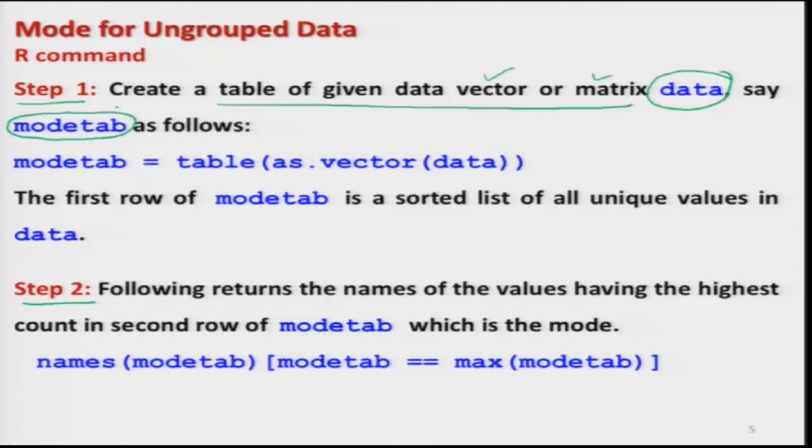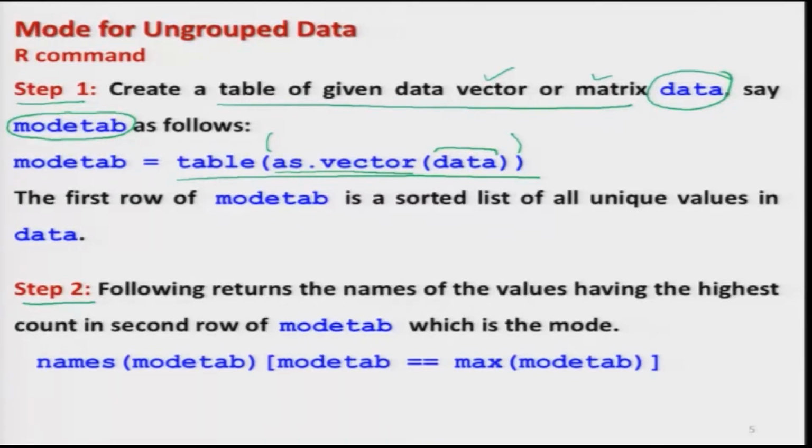That is the short form of mode of table data. In order to do this, I will use the command table that we used earlier, and inside the arguments I will write as.vector. That means you consider the data as a vector, and this data which has to be considered as a vector is given inside the variable name data.